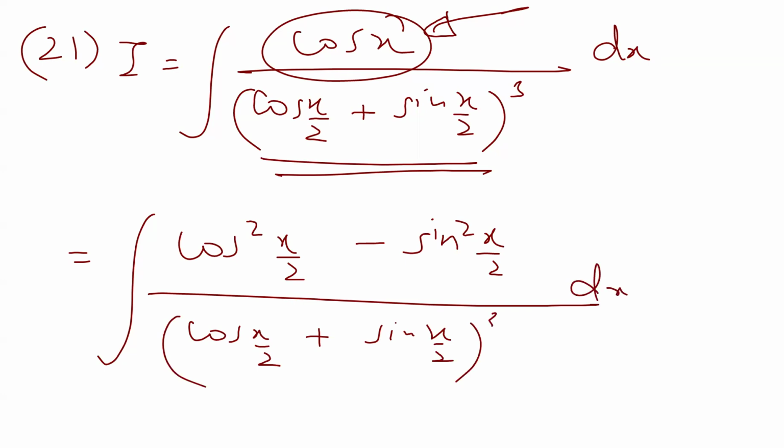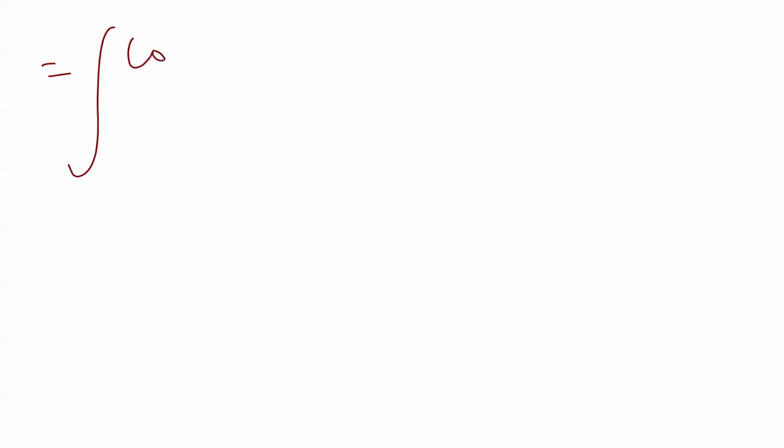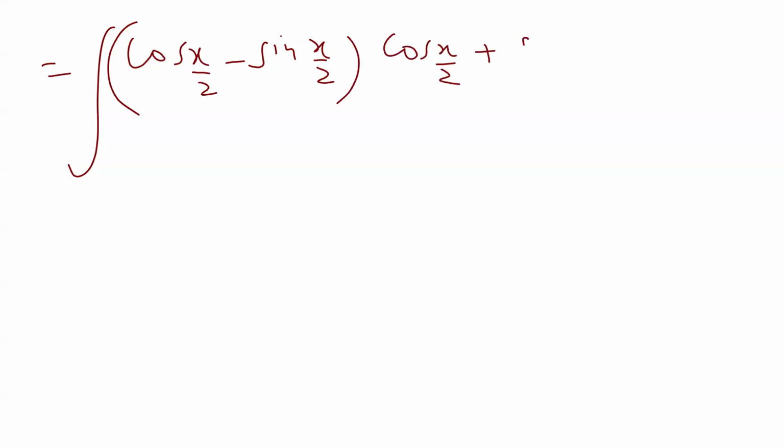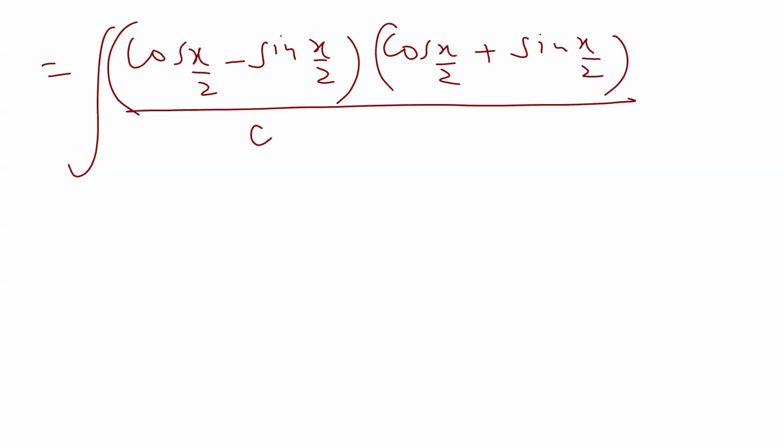In the numerator I have applied half angle formula, x becomes x by 2. There are 4 formulae for cos, but then I have taken cos square minus sin square. Okay. Now in the numerator, I'm going to do a plus b, a minus b. So a minus b into a plus b. Okay.